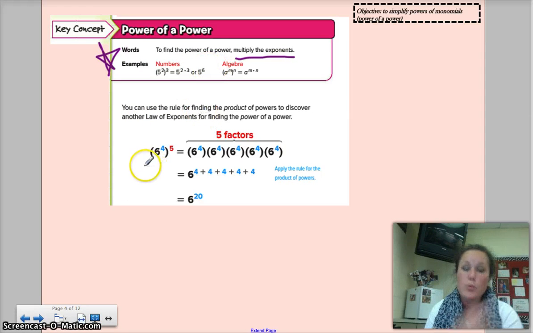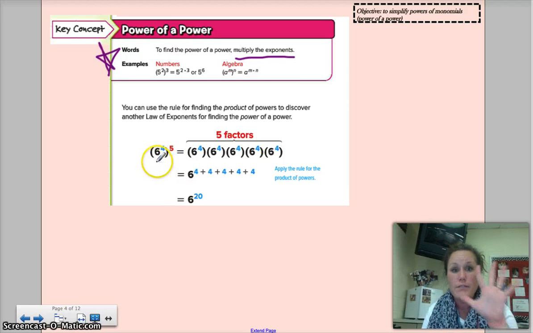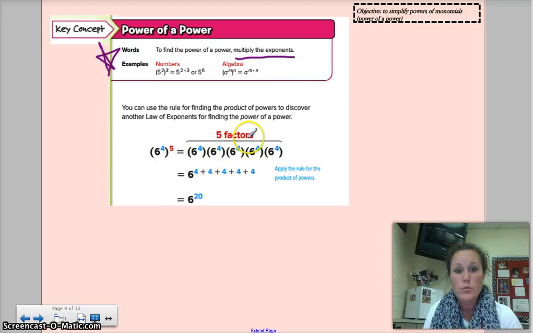If you look down here, we proved this with the aquarium situation, but we also can prove it here. 6 to the 4th to the 5th power means I have 6 to the 4th power 5 times. 1, 2, 3, 4, 5. We know that we can add exponents when they're the same base, so we're adding that all together, or I could do 4 times 5 to get 20. So there's how that's proved.